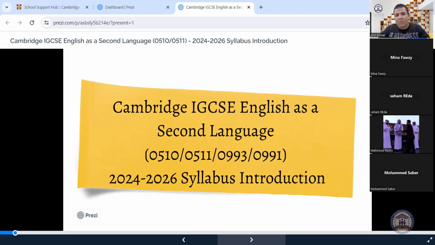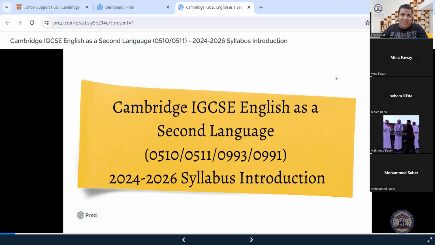The first thing that I'd like you to know is that in IG schools, starting from grade 9 and 10, especially in schools that are eager for their students to have ranks around the world, like my school here in Jeddah, a very nice school, they start teaching students the components of the exam from grade 9.